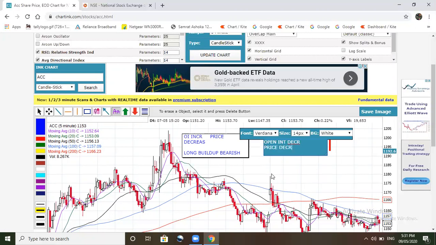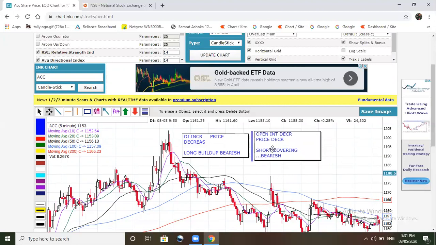It means short covering is there. Short covering means those who have shorted the put, who were bullish on the stock or index, are covering their positions. So it is bearish for the stock or index.